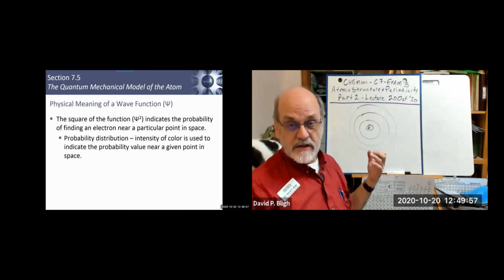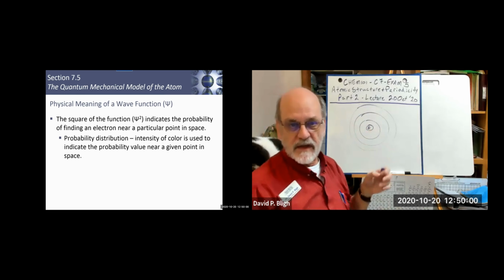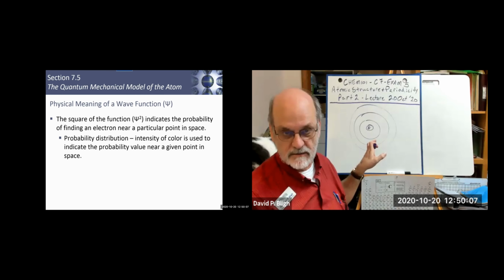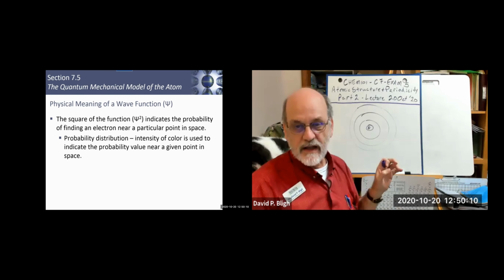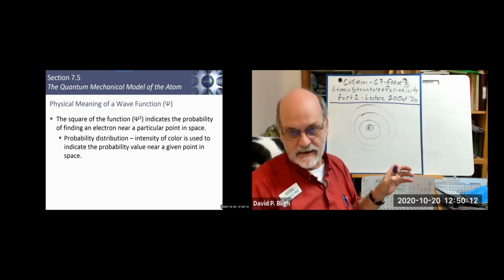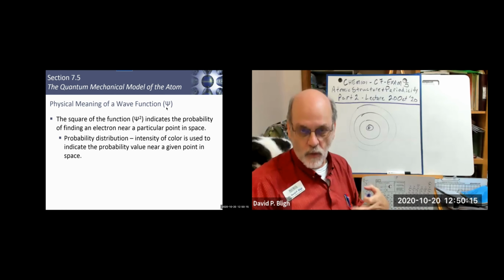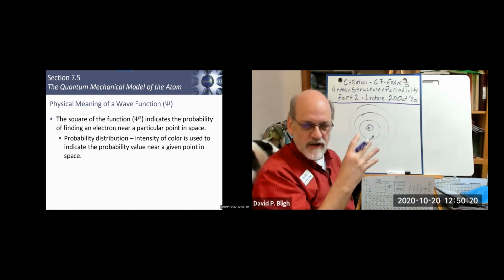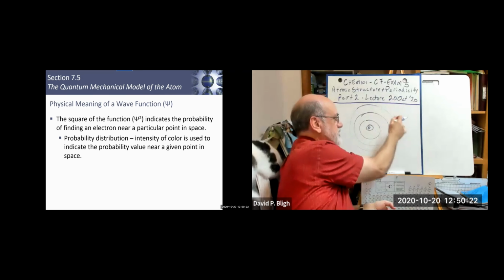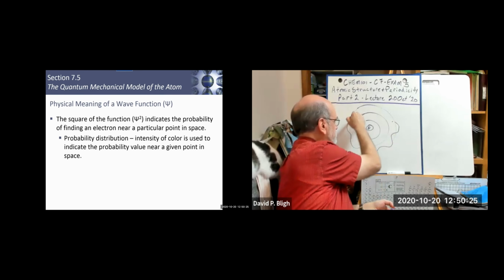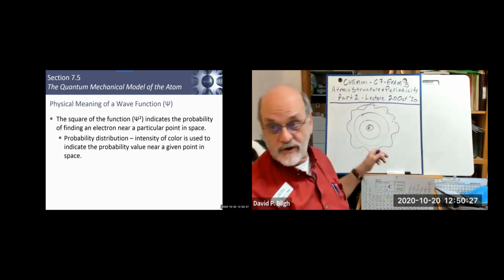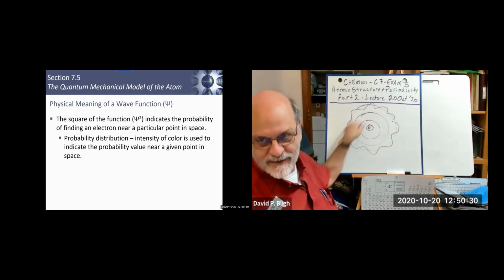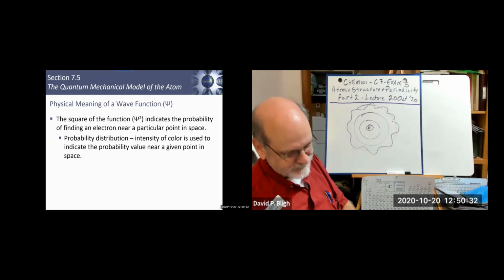But the fact of the matter is, since we don't know where they are, another approach is to view the electron in that space as a wave and not as a particle. So this is the capital Greek letter psi, which is used to stand for the wave function. And it's helpful to think of electrons in terms of a wave. So at this energy level, there's your electron. It's a wave at that energy level.